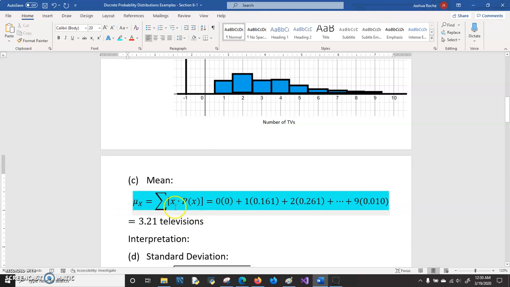And the formula is to multiply every x value times its probability, and then you add them together. So the first x value is 0, its probability is 0, 0 times 0. The next x value is 1, and you multiply it times its probability. The next x value is 2, you multiply it with its probability. And you do that until you get to the last one, x being 9 times its probability, add them all up, and you get 3.21 televisions.